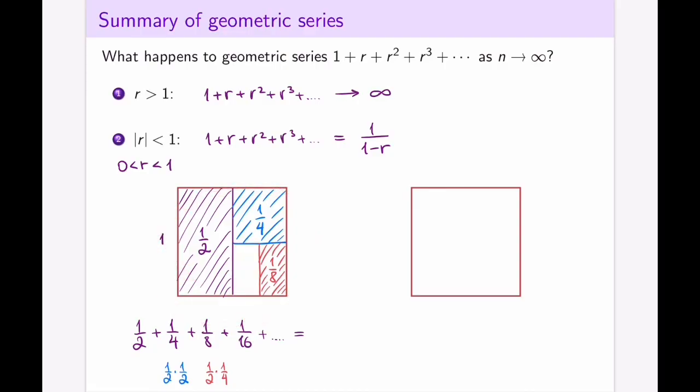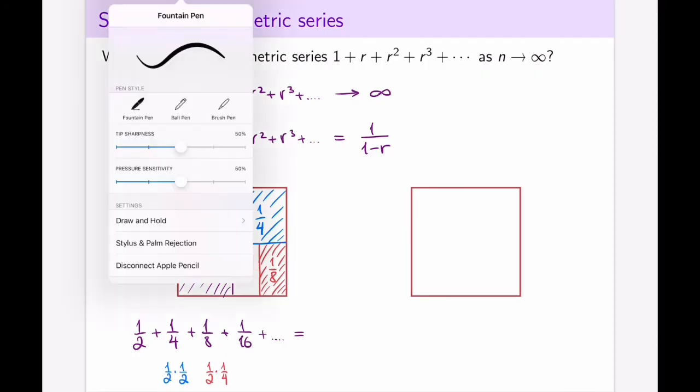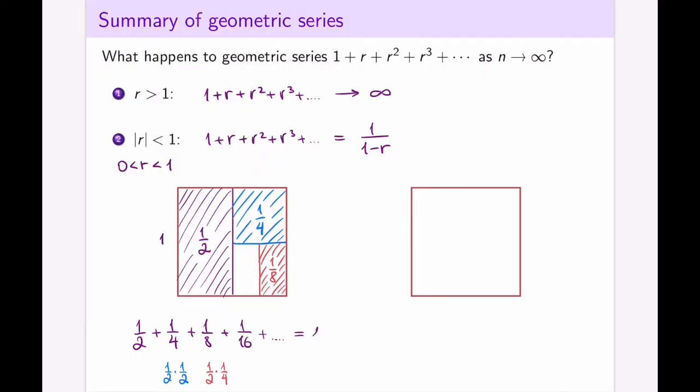It's clear I'm never going to be able to escape the square, so my sum can never be bigger than the total area, which is 1. But it's also clear that as the infinite process goes on, I simply walk myself over, shading the entirety of the square. So the total sum here, the total area covered by this process, is in fact equal to 1.